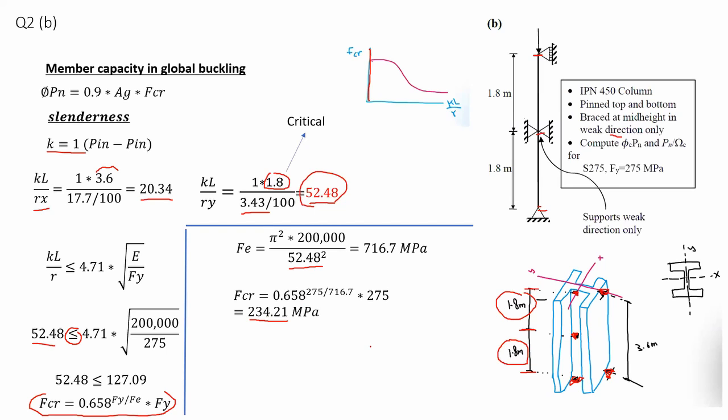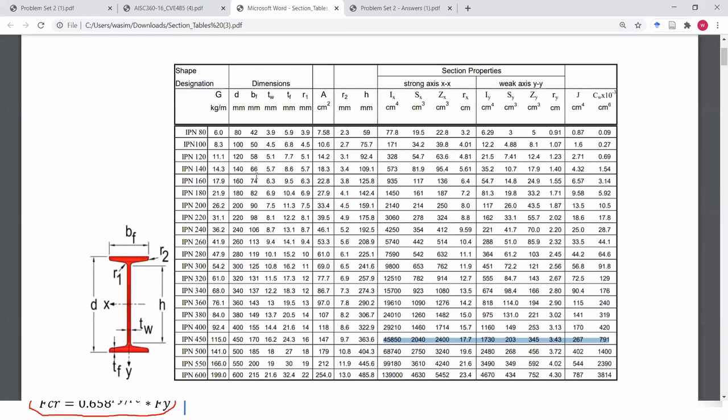Now continue one more time with the capacity of the whole member by multiplying by the gross area of IPN 450. In case you don't know how to find it, I'm going to show you. You go to the sections table and search for IPN 450.